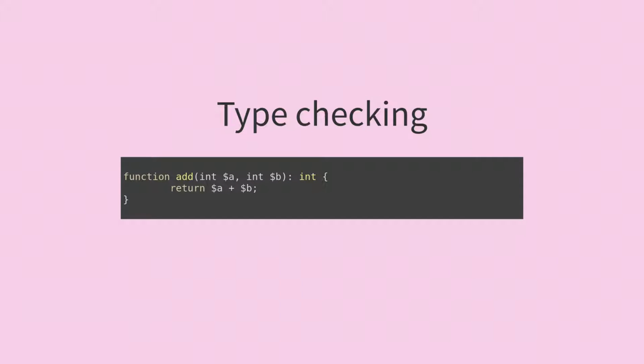Type checking is much more low level. It works in a language itself, if the language supports it. So JavaScript doesn't, for instance. But a type hint like you see here says, hey, if you call this function with these 2 parameters, they have to be of these types. That's the language doing the validation for you. If it's not an integer, it will fail.